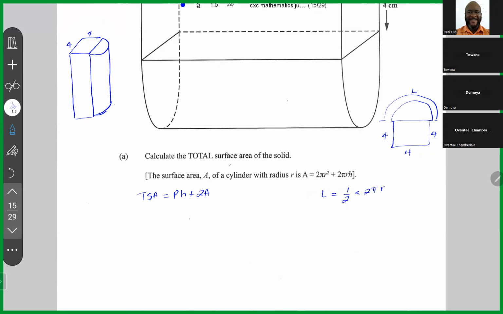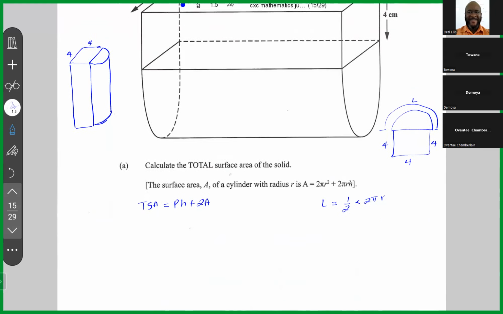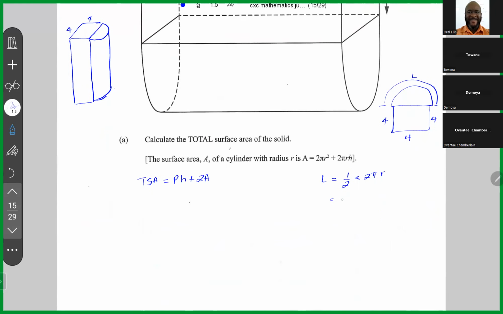I don't think they gave us a value for pi, so let's use 3.14. So 0.5 times 2 times 3.14 times the radius, which is 2. The diameter is 4, the radius is 2.